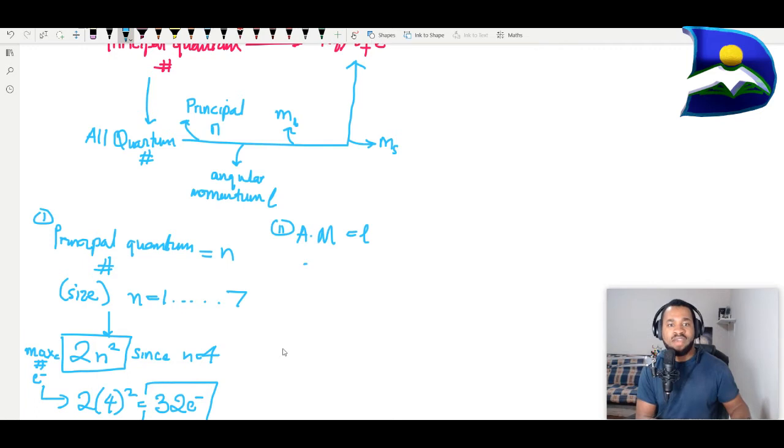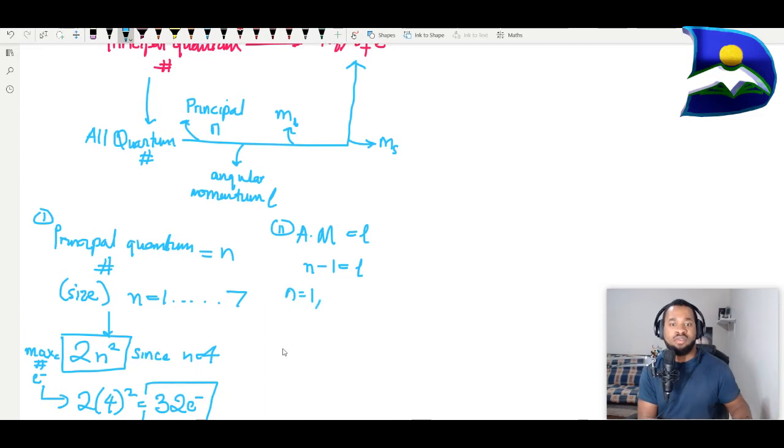When you have n as the principal quantum number, 1 is taken away from n to get L. So in this case, when n is equal to 1, we're going to determine how many sub-levels are found in that principal quantum number of 1.